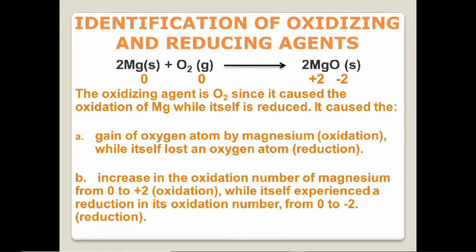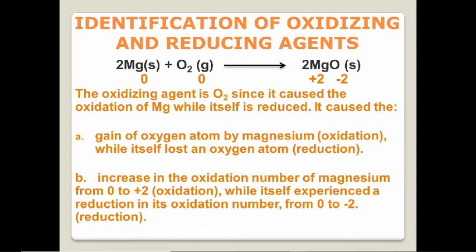And looking at it from another perspective, let's look at it from the oxidation number. The oxidation number of magnesium on the reactant side is 0, and on getting to the product side is 2+. That is an oxidation reaction. That is, magnesium has been oxidized.